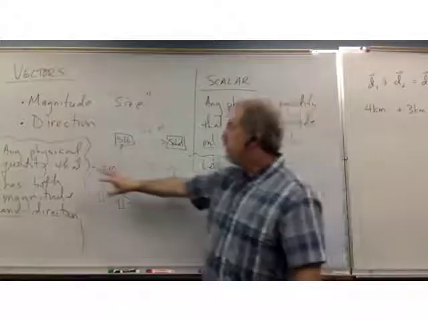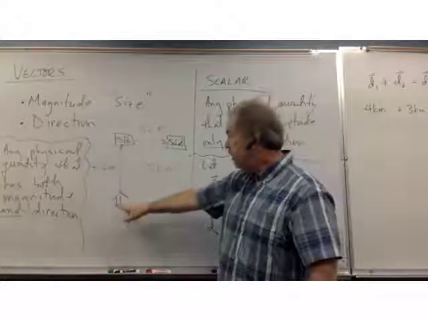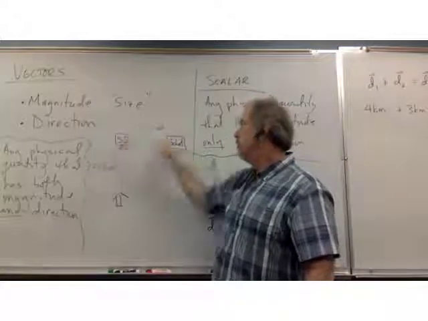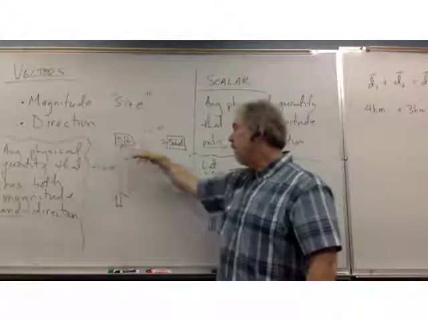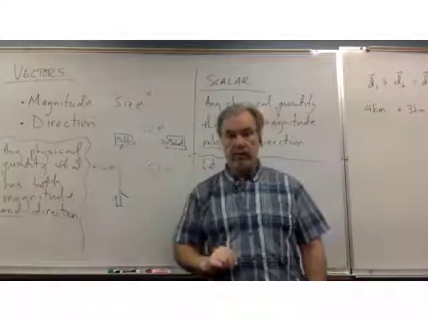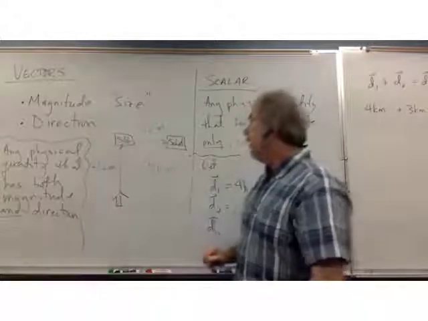I mentioned that when I was giving this example, I said I started from home and I traveled 4 kilometers north to Starbucks and 3 kilometers east from Starbucks to school. And so although I traveled on the road 7 kilometers, my actual net distance from my home is only 5 kilometers.